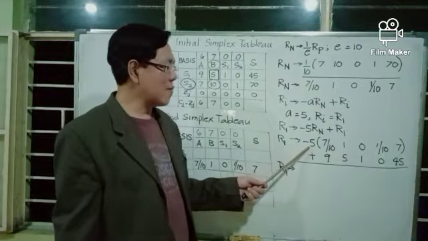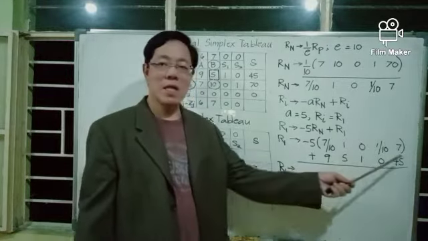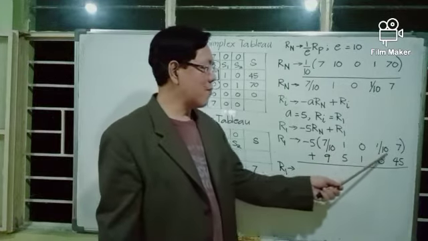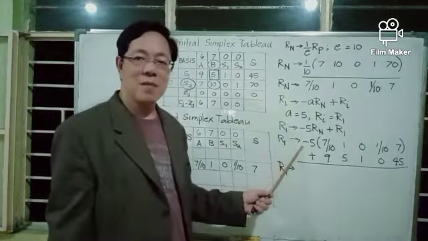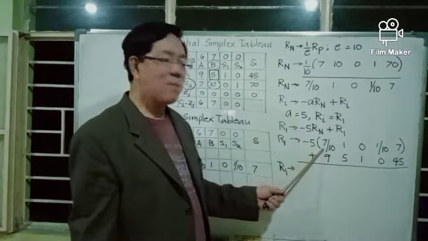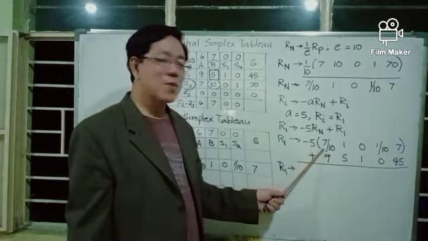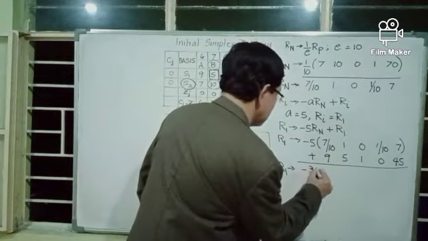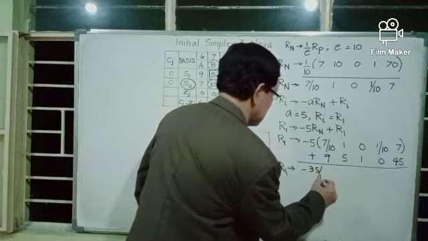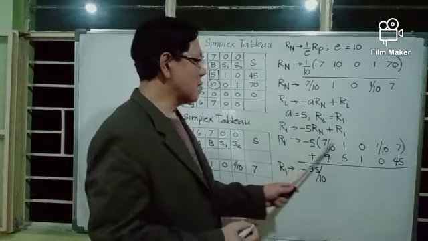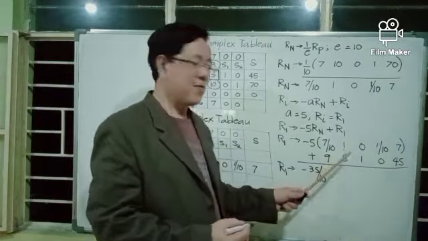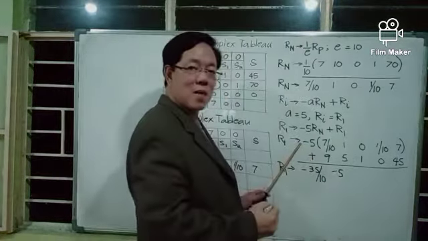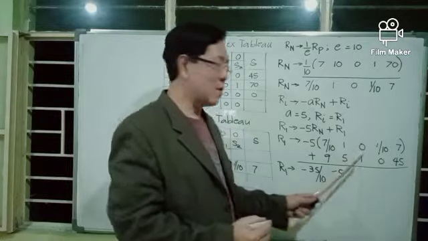We distribute negative 5 to the entries of the new pivot row. We multiply each entry of the new pivot row by negative 5. Negative 5 multiplied by 7 over 10 is negative 35 over 10. Negative 5 multiplied by positive 1 is negative 5. Negative 5 multiplied by 0 is 0.